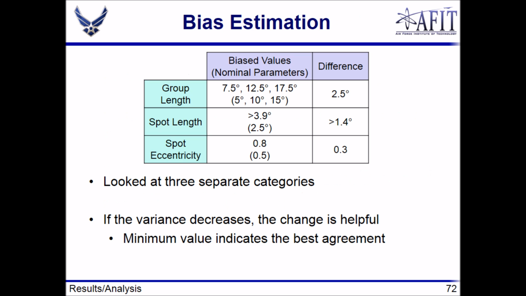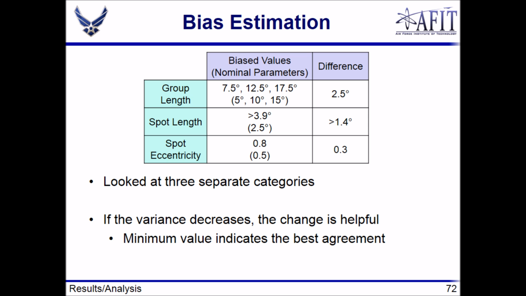So we apply this concept to the Holloman data set, and I looked at 3 different categories here: the sunspot group length, the sunspot length, or the largest spot length, and the sunspot eccentricity. And what I've shown here is that as the variance decreases, that change is positive.